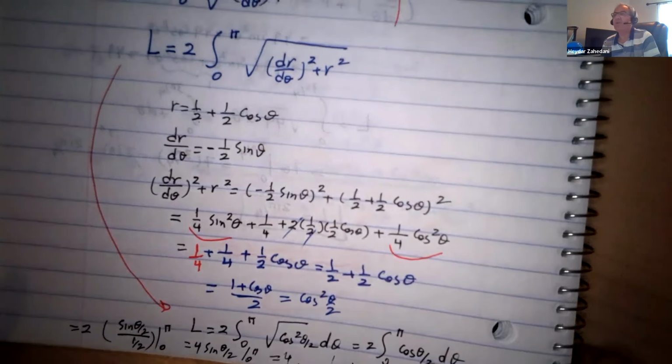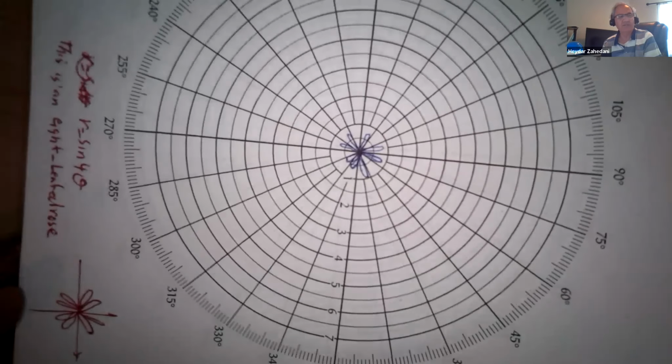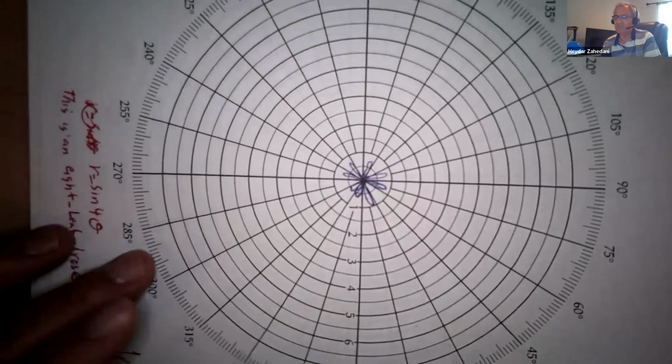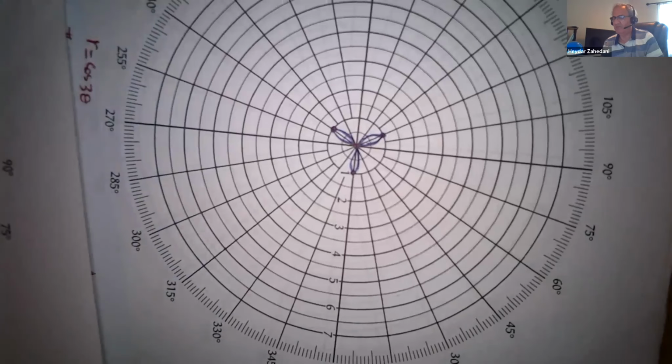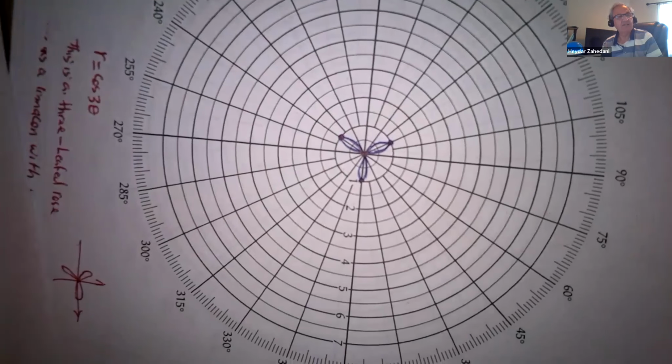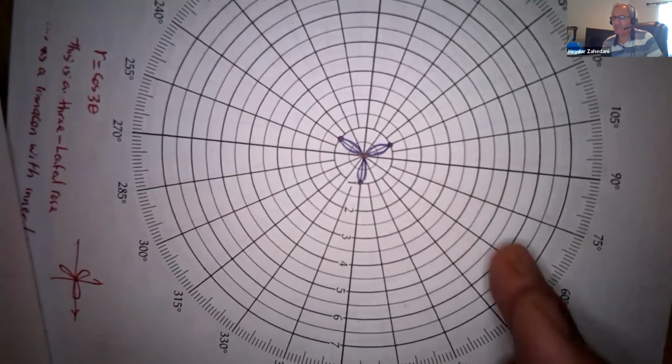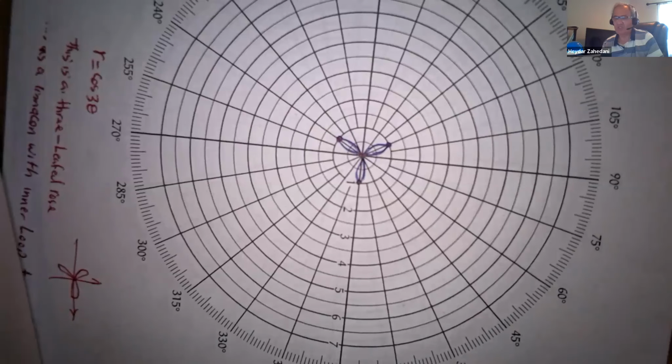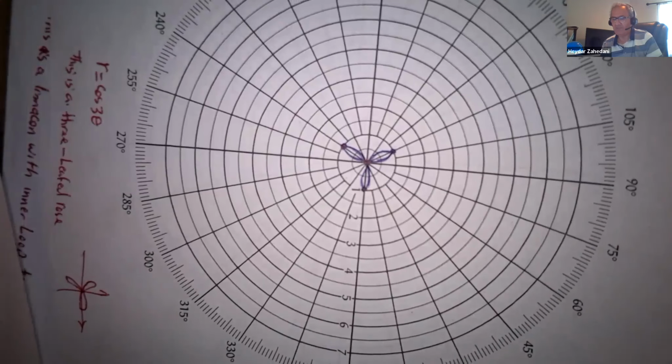Okay, so that's the second problem on the polar form. The next one is getting the graph of these functions. You can just use your calculator if you like, or the one that I did for you. You can find graphing tables for polar coordinates on the internet.